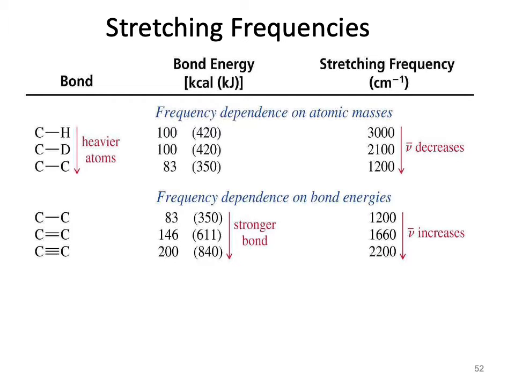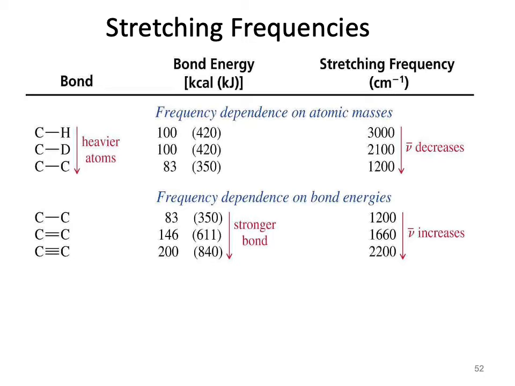As you see, the wavelengths and the frequency of the IR are shown, and it can cover covalent bond stretching and bending vibrations. You see that the stretching frequency changes based on the atomic mass and bond energy.